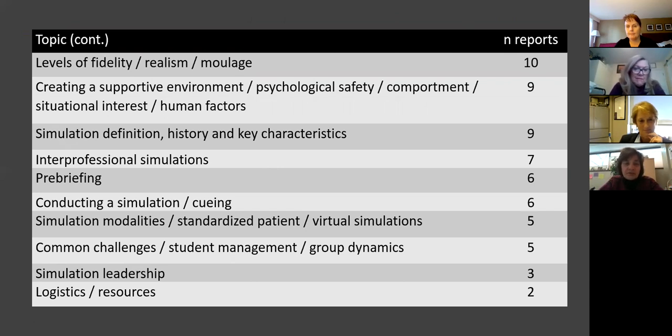That was definitely one of our recommendations, because we're trying to train our students and participants to work interprofessionally. It would be great if we as educators also learned together how to run simulations and debrief together, because some of the language is used a little differently across disciplines.